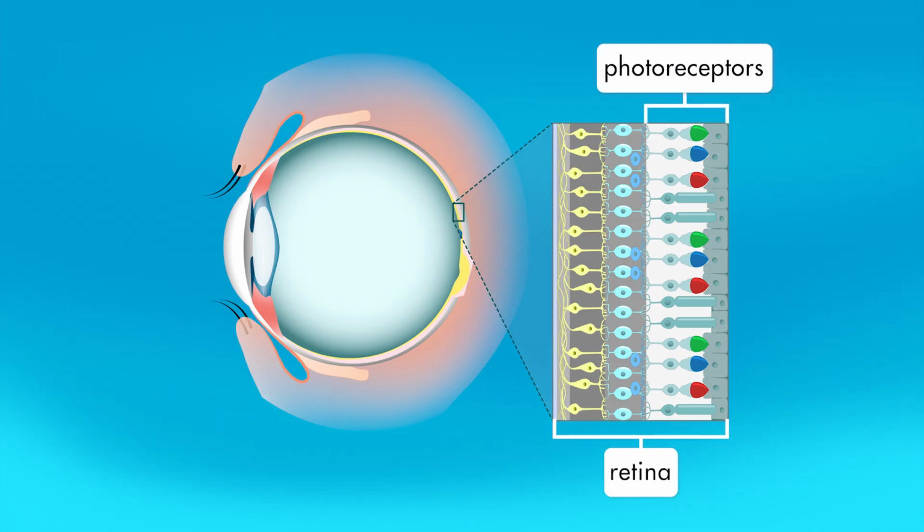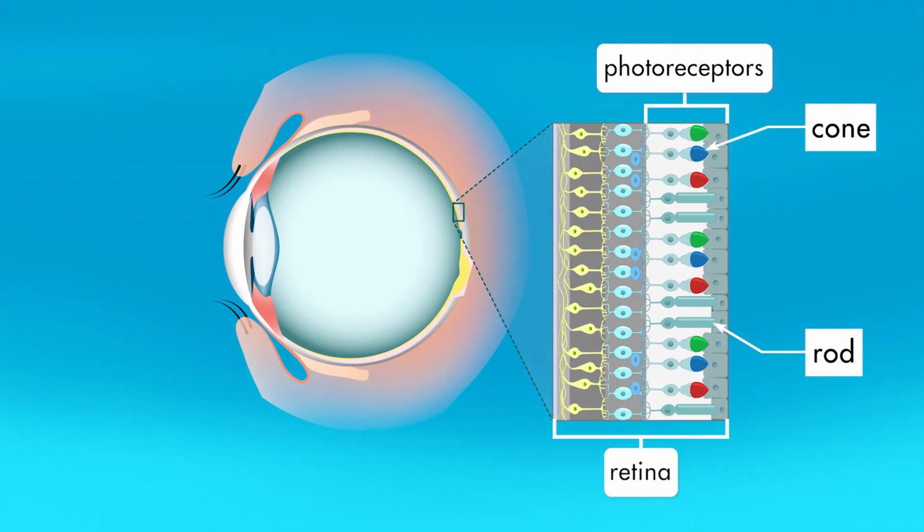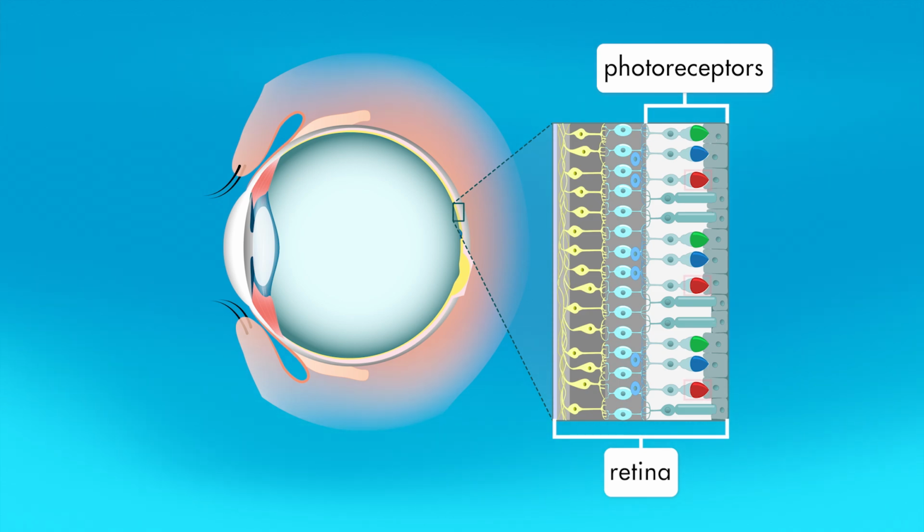There are two types of photoreceptors: rods, which are sensitive to light intensity, and cones, which are sensitive to color. One kind of cone is sensitive to red light, another is sensitive to green light, and a third kind of cone is sensitive to blue light.